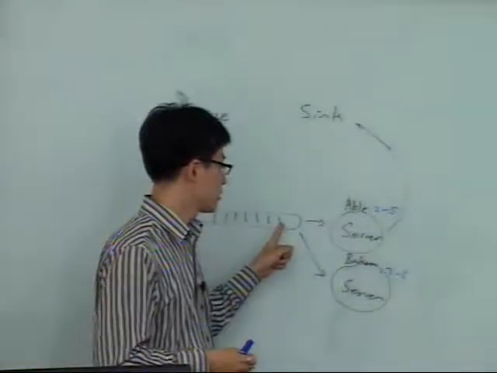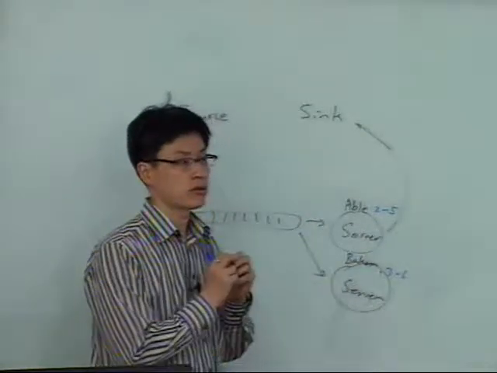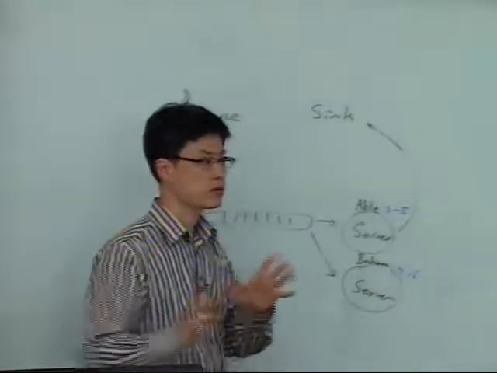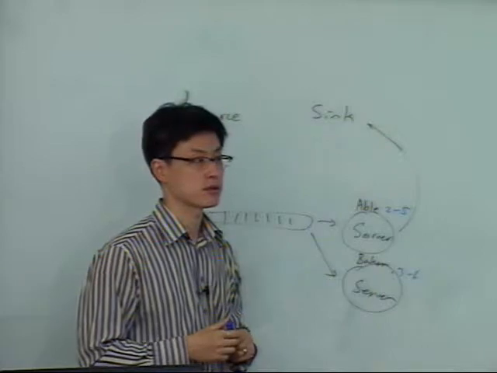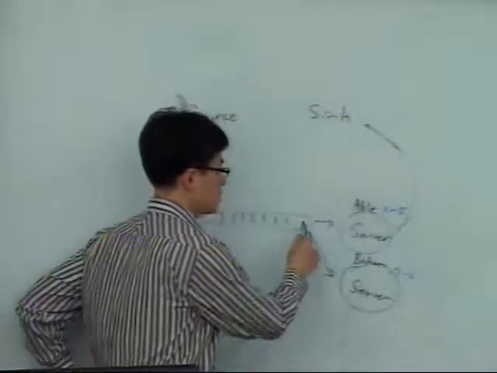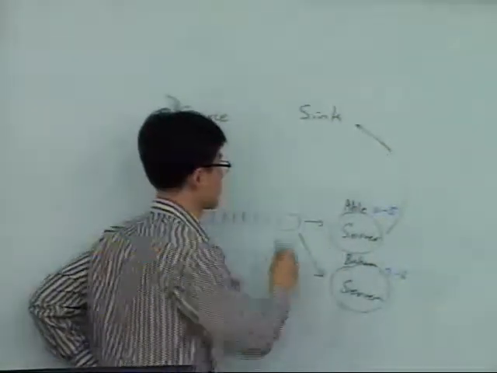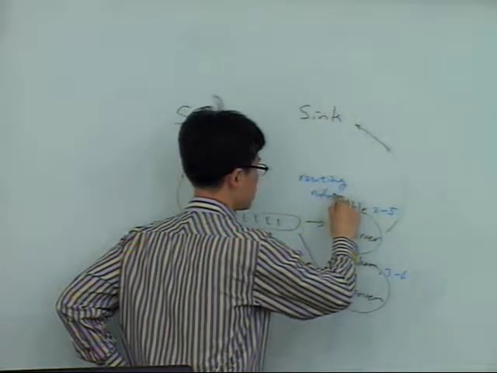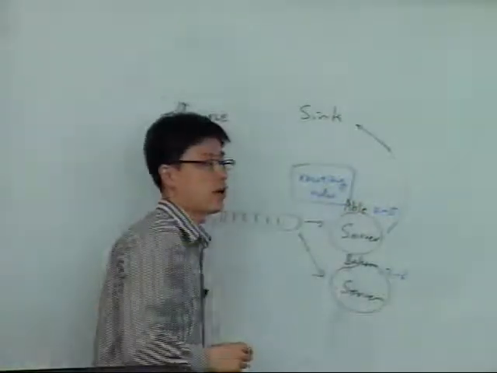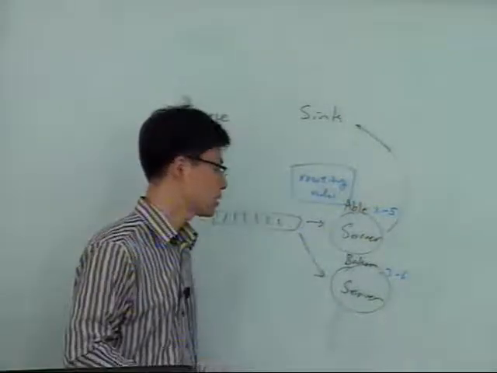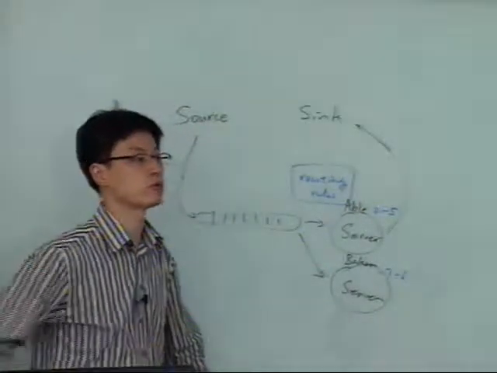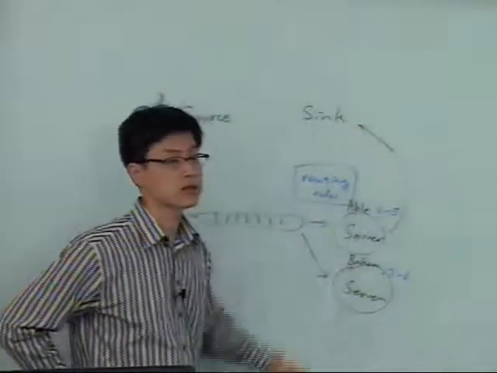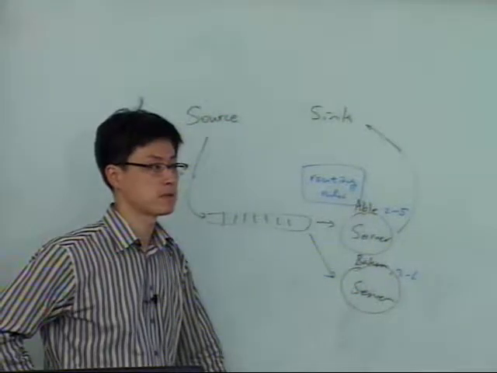So the first available server or the last available server and the like will be the rule. And because it routes things, we usually call them routing rules. You have to be very careful in defining this routing rule. There are numerous other possibilities in specifying this kind of routing rule.